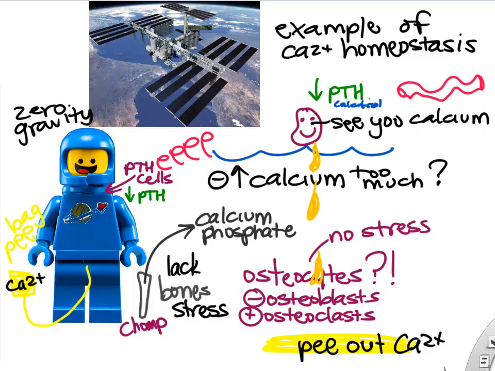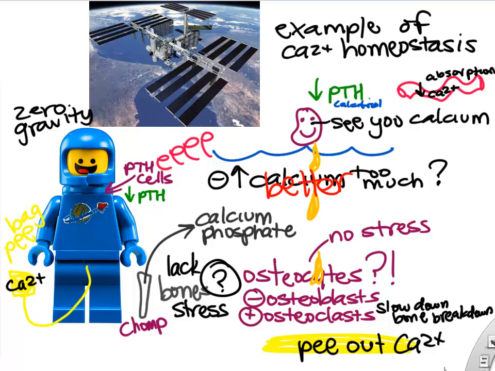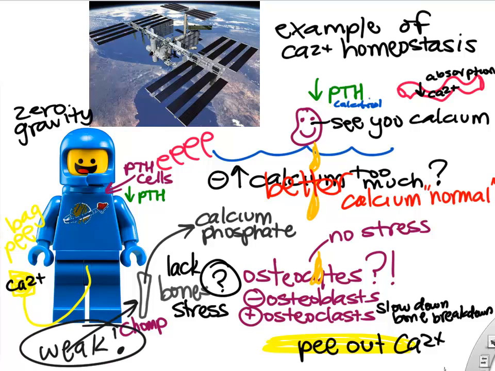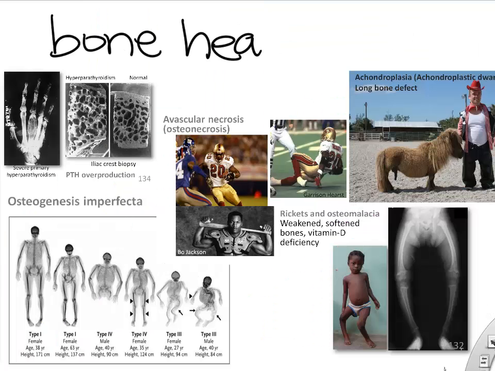The other thing is calcitriol will go down, and so you won't be absorbing as much calcium from your diet as well. And those things will bring your calcium levels back down. And possibly even the low PTH would hopefully slow down that bone breakdown. But the whole case you had here was to regulate your body calcium back to normal. You'll still have weak bones, though, because your bones were being broken down by the lack of stress.